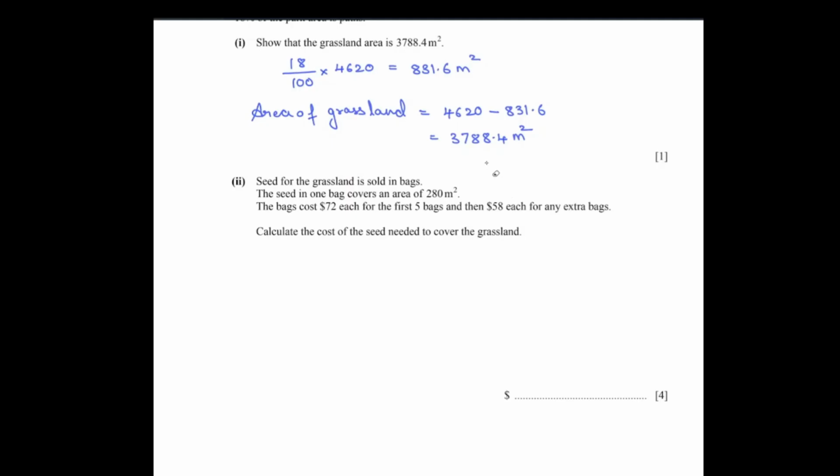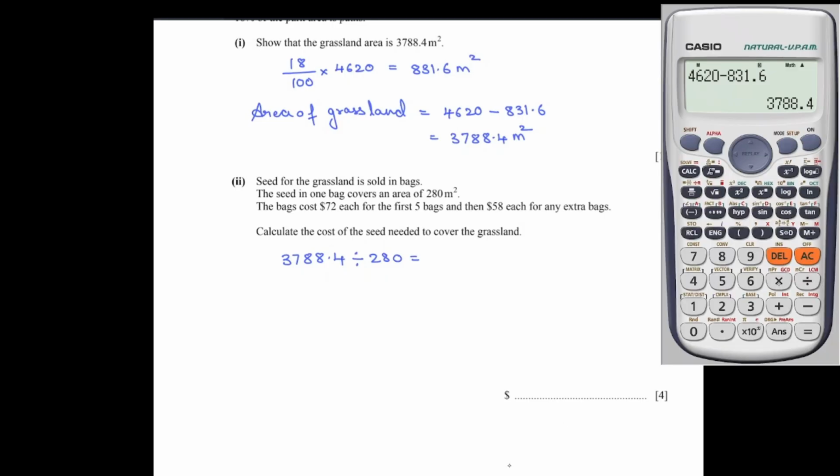Now first of all, the area of grassland we have found out in the last question. So using that area, now we need to divide that by 280 meters square each, because one bag is covering 280 meters square. 3788.4 divided by 280, you will get the number of bags needed. Divided by 280, we get 13.53.